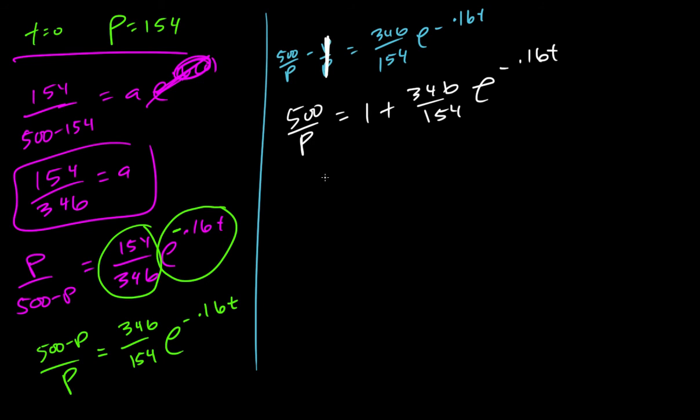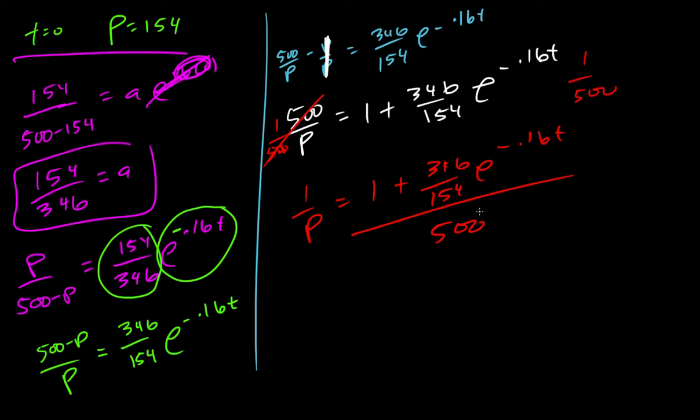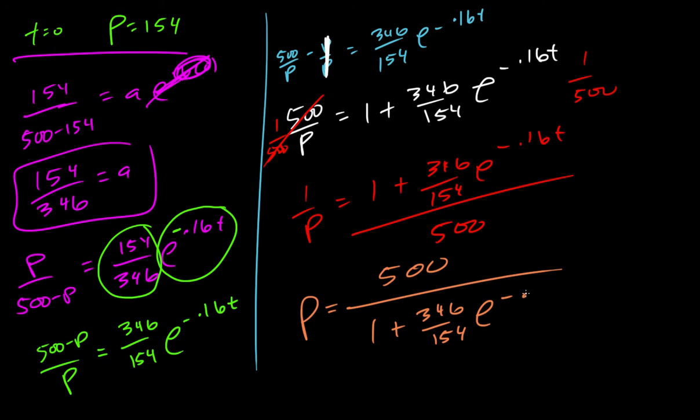Now what we're going to do is multiply by 1 over 500. Let's cancel. So we have 1 over p equals 1 plus, I'm not going to read it, I will just write it. And then we just need to flip both sides to get p. So we have 500 over 1 plus 346 over 154 e to the negative 0.16t.